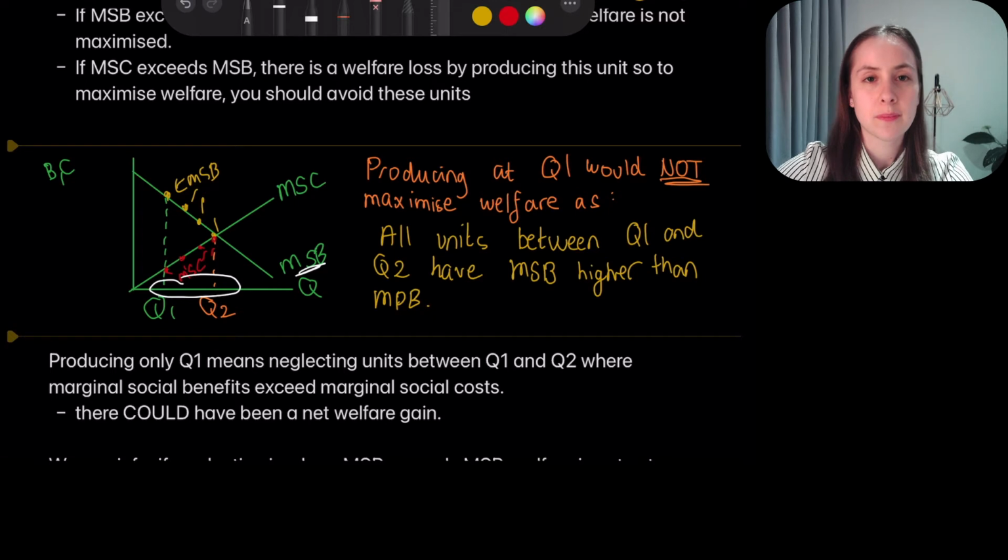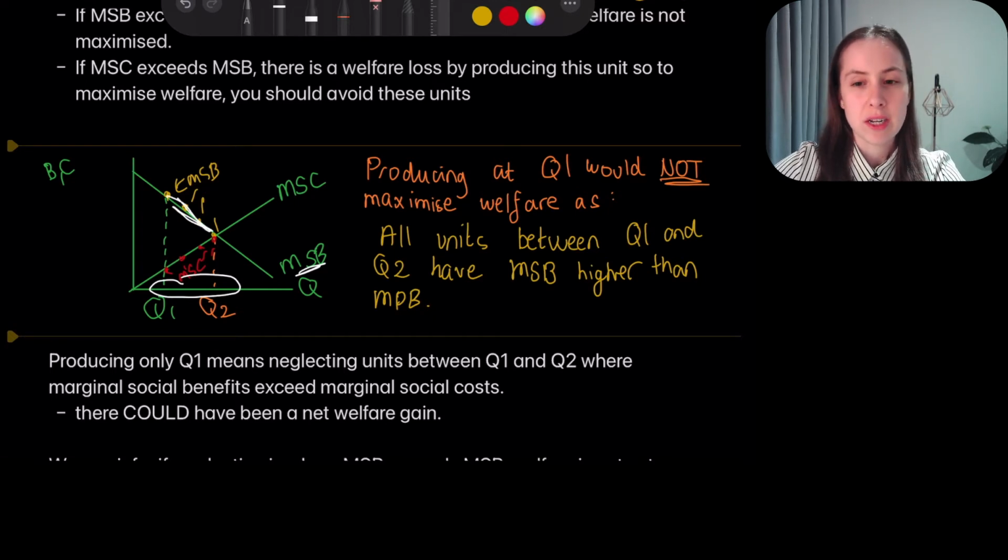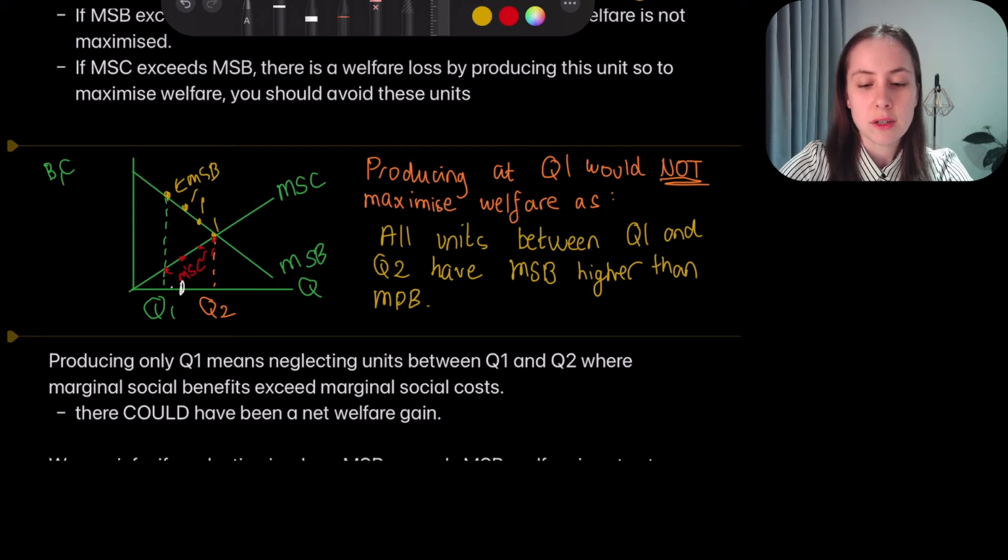I'll give you an example. Let's say this particular unit, Q3. You go up and find where the social benefit is for that unit, and you will find that the social benefit is all the way over there for this quantity.